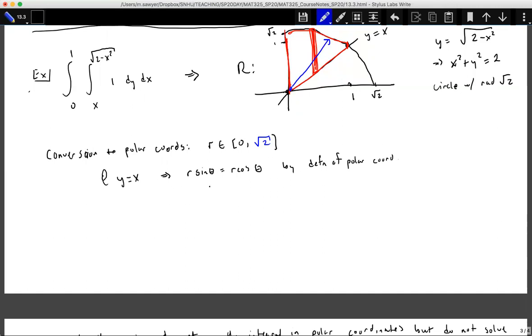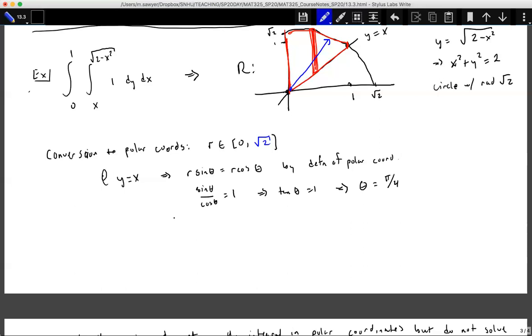If we divide both sides by r cosine theta, where aside from the origin r is not equal to 0 and cosine theta is not equal to 0, we get sine over cosine is equal to 1. So the places where tangent of theta equals 1 in this first quadrant imply that theta equals pi over 4. So our angle has to start at pi over 4.